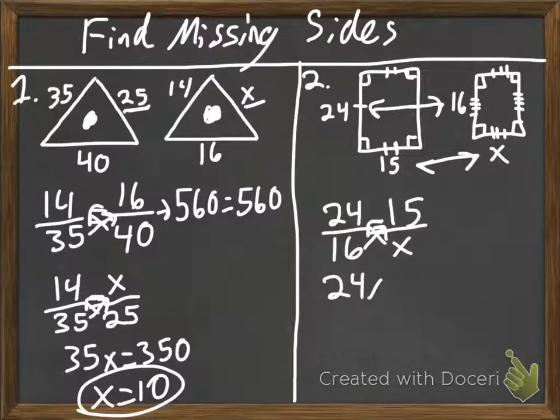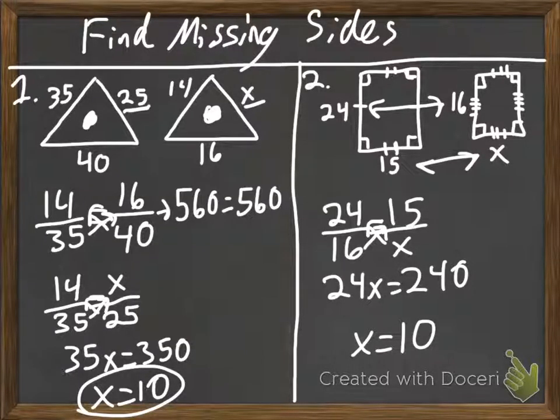And we get 24x equals 240. And we get that x equals 10 again. And if you remember from my little mistake earlier, 10 was there. So we did this properly.